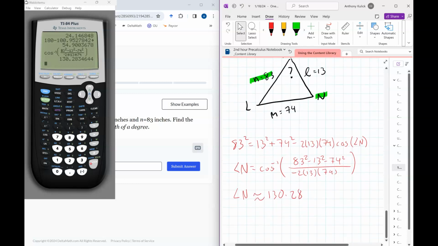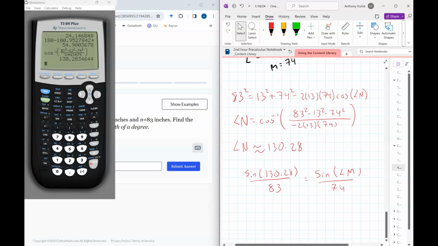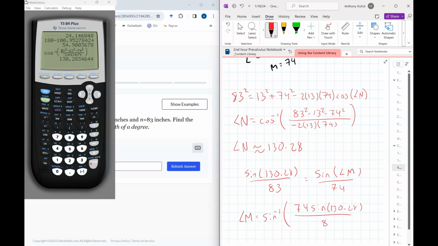And now to find angle M, I'm going to do a law of sines. Yeah, I think that's probably the issue, that if you're going out of order, you're not finding the biggest angle first and then using the biggest angle to find the next one.